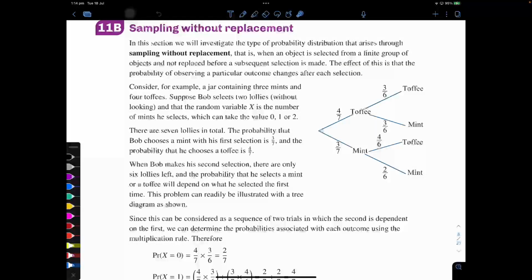The effect is that the probability of observing a particular outcome changes after each selection. You can see here the probability of picking a toffee in the second selection is different, depending on what you pick first. So is this dependent or independent events? It is dependent, which means it relies on what actually happens before.